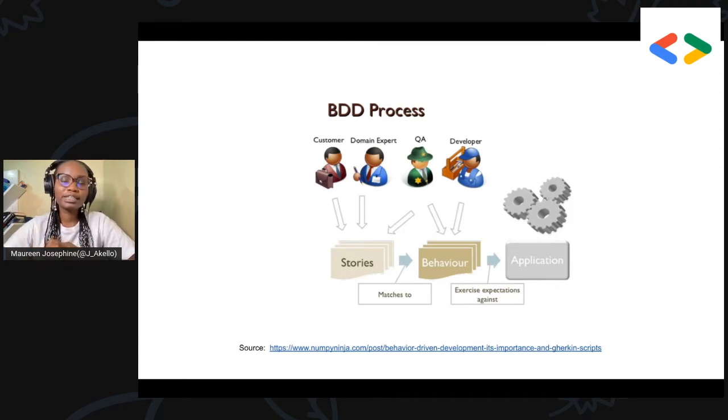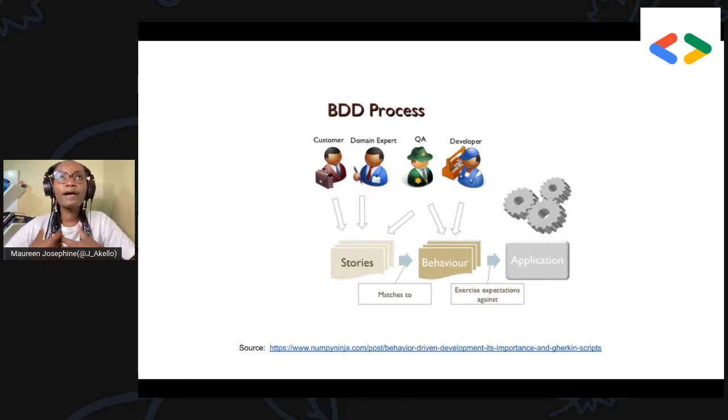In the case of a new feature, let's say it's an application to do payments. The customer wants an application that allows bulk payouts, individual payments, or direct bank transfer. So that's the story that comes in.